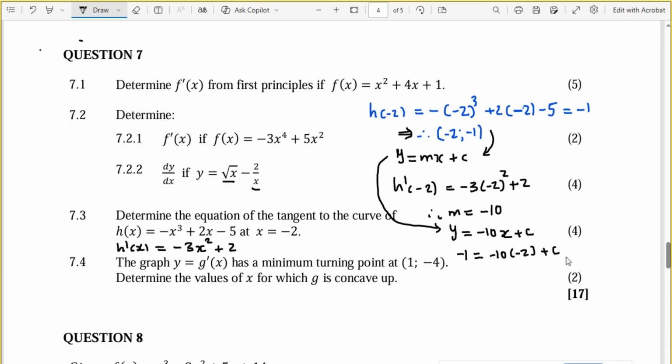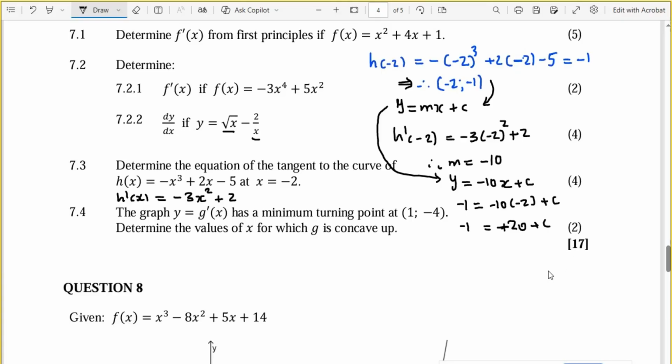Then you just have to solve this. So this will give us minus 1 equals 20 plus c, since a negative and a negative gives a positive. Therefore, the 20 will go to the other side to be negative, so negative 21 is equal to c.